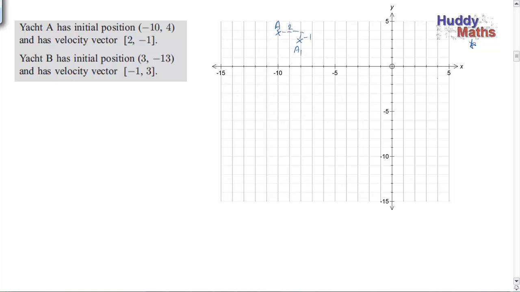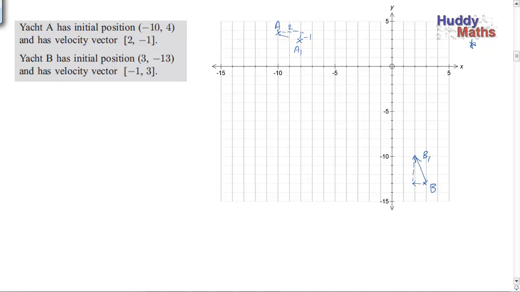Now yacht B is at position (3, -13), so it's down here somewhere. That's yacht B. And it's got velocity vector (-1, 3), so come across -1 and up 3. So after 1 unit in time, it would have gone to there, and we call that maybe B1.